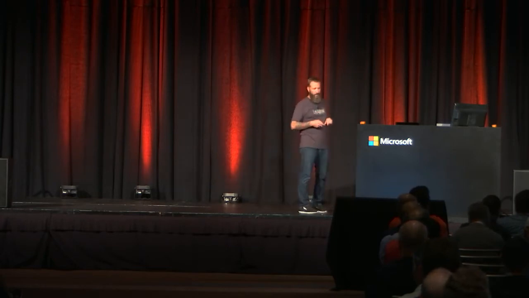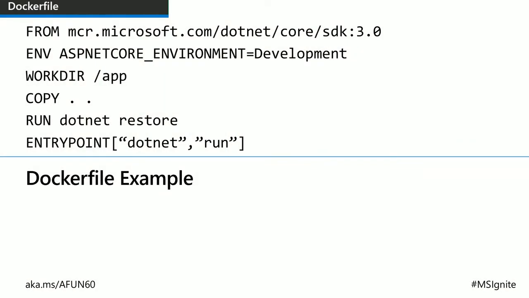So a real quick Dockerfile example here is just a basic example of a Dockerfile. It uses the base image for .NET Core 3.0. This one here uses the SDK for 3.0, which happens to be a Debian-based image, so Ubuntu. We're setting an environment variable for our application to development.